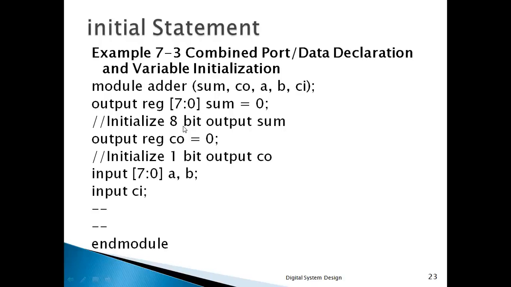Here we are initializing the 8-bit output variable named sum with 0. Here we are also declaring the variable C0 as output, and at the same time we have initialized the value 0.